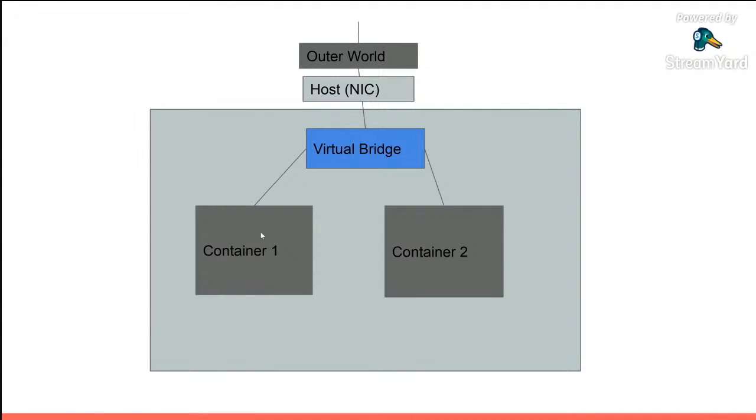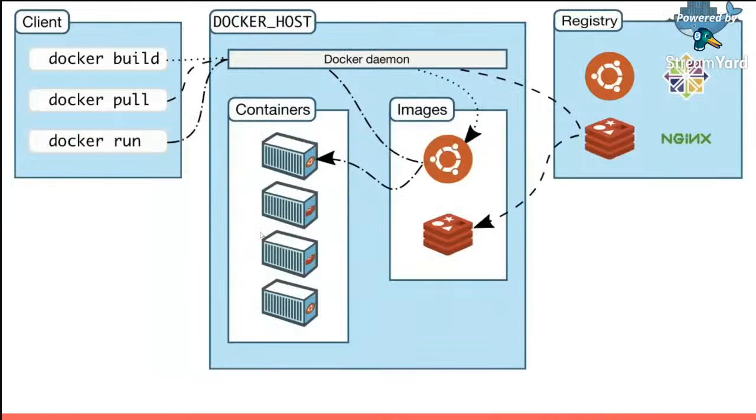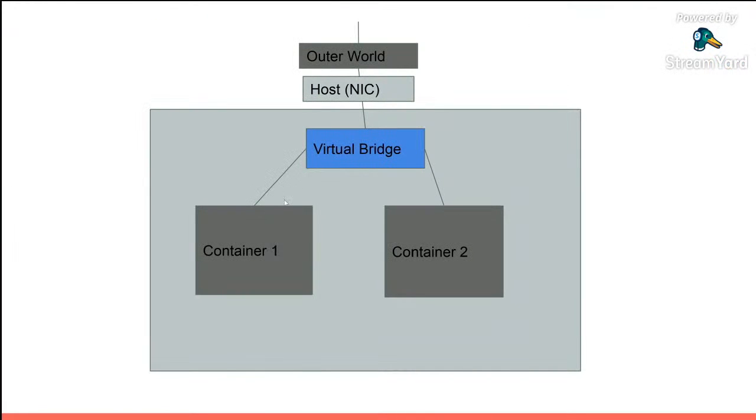Docker handles the connection of these containers to the outer world. It does this by creating a virtual network device, a virtual bridge, and these containers will be connected to it, again virtually. Now, this virtual bridge is then further connected to your physical network card. This is again managed by Docker, and then of course it can talk to the outer world.